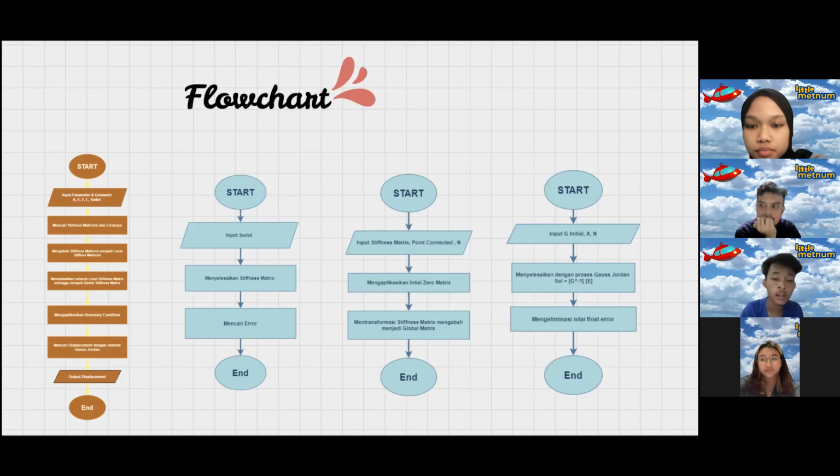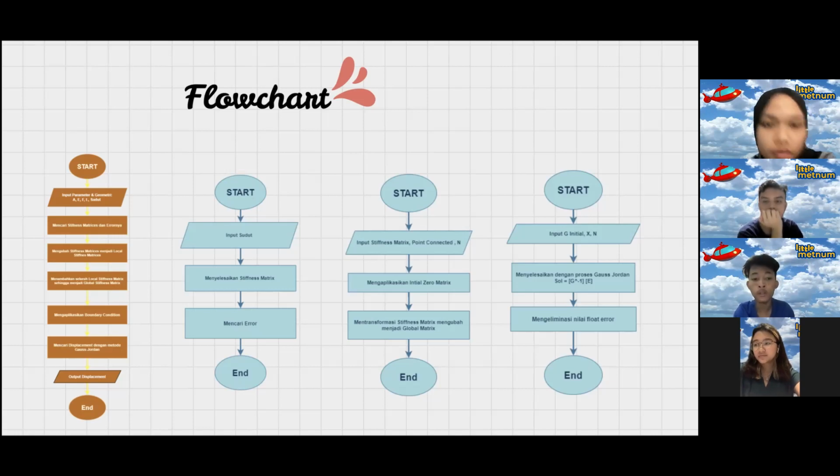The second flowchart: first we input the angle, then we finish the stiffness matrices, then we look for the error, and that's it for the second flowchart. The third flowchart: first we input the stiffness matrices, the points connected between the trusses, and the end figure.